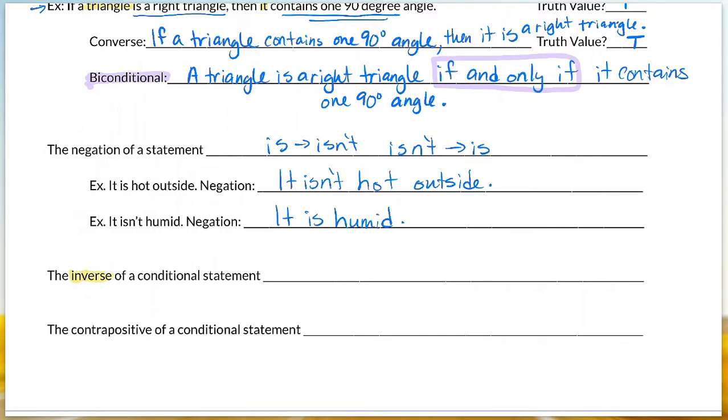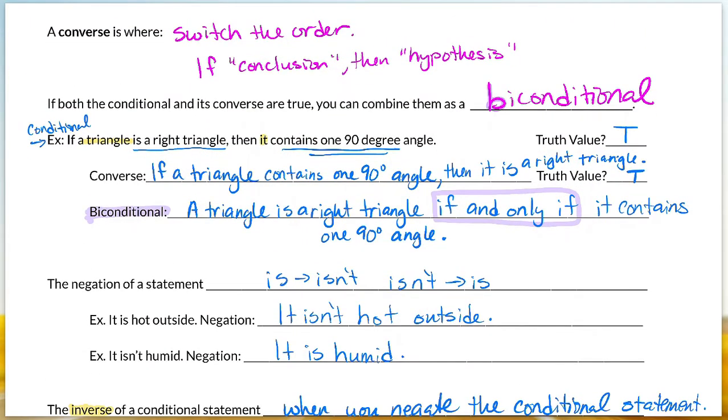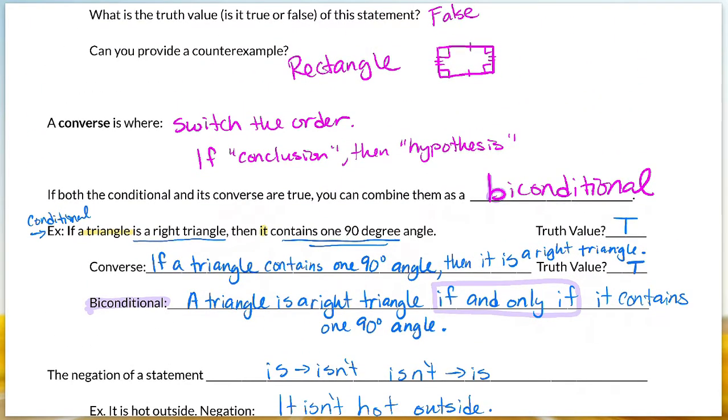So you're keeping the order, but it's negated. I like to think of this as the "not." The converse I like to think of as the "flip."